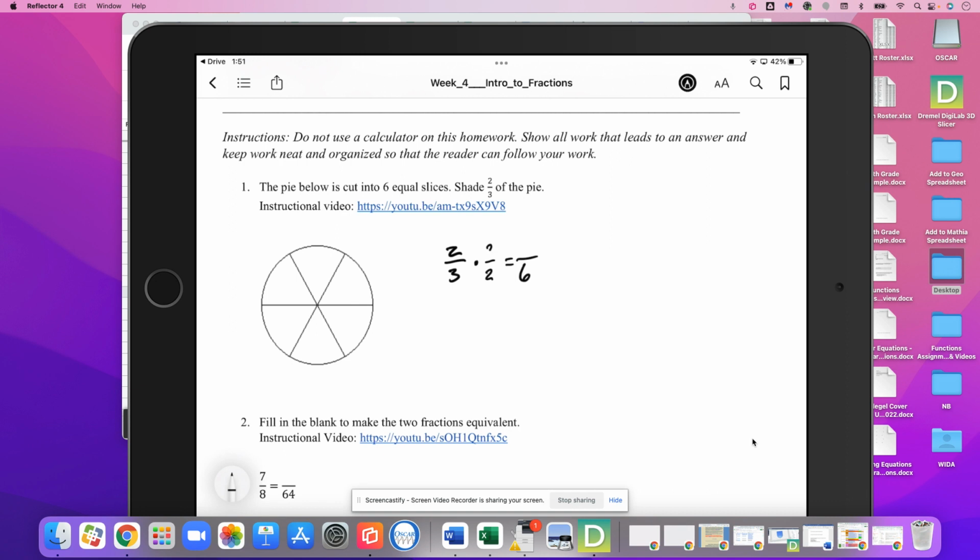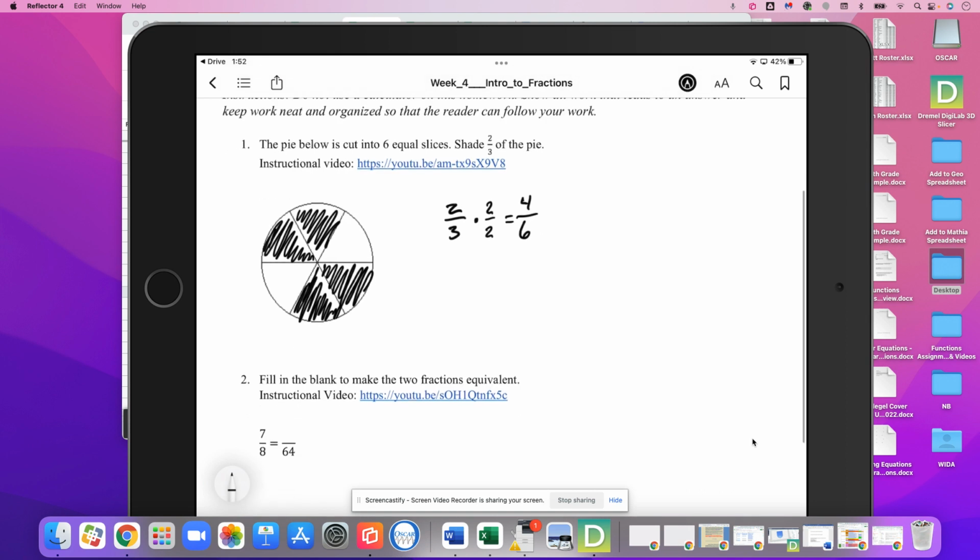So if I put a 2 in the denominator there, I need to do that in the numerator as well to create an equivalent fraction. So 2 times 2 is going to be 4. So I'm going to shade 4 pieces of this pie. Doesn't matter which 4 I shade, as long as I get 4 of them. So there is 4/6 of the pie right there.